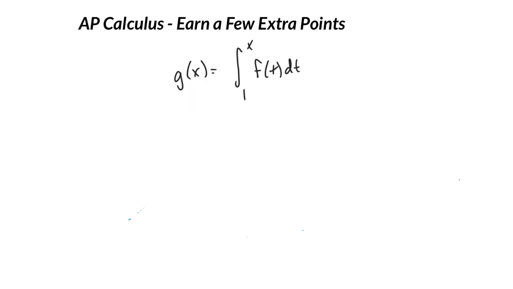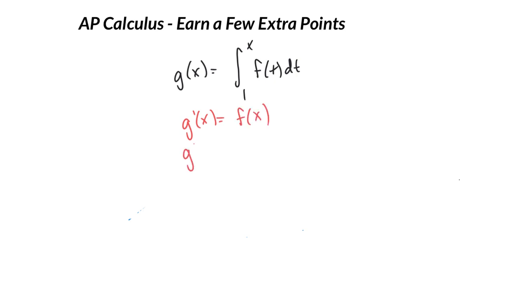Let's talk a little fundamental theorem, part 1. Oftentimes on the free response and the multiple choice, you're given an area function. G of x is defined as the area of f of t. I would, whenever I see this, write the 2 other pieces of information I automatically know. I know that the derivative of g is equal to the derivative of the integral, which is just the function inside it.